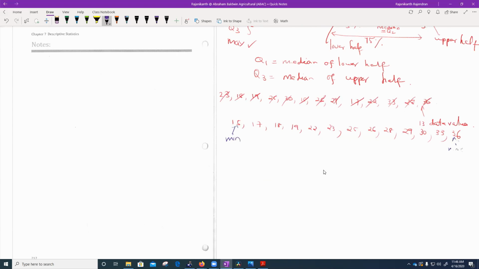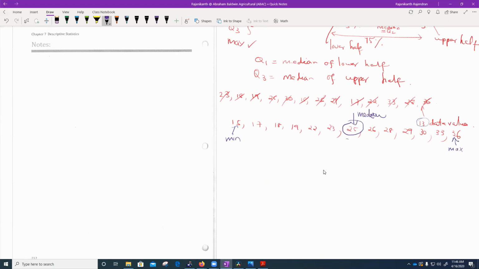Where is the middle number? Remember I have 13 values, which is an odd number. Add one more, 13 plus 1 is 14. 14 over 2 is 7. The 7th place is going to be your Q2, the median. 1, 2, 3, 4, 5, 6, 7. This is my median.